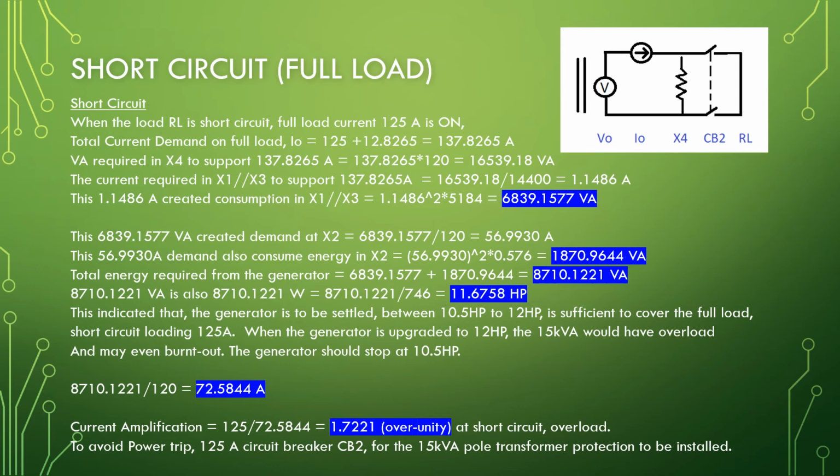It is sufficient to cover the full load, the short circuit loading 125 ampere. When the generator is upgraded to 12 horsepower, the 15 kVA would be overloaded and may even burn out. The generator should stop at 10.5 horsepower.